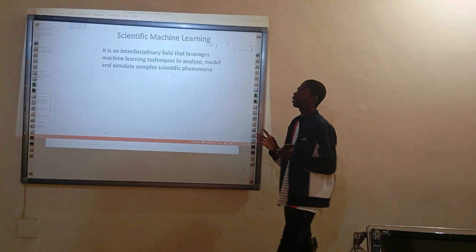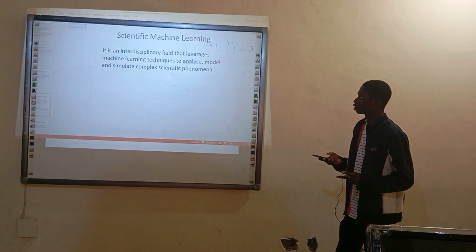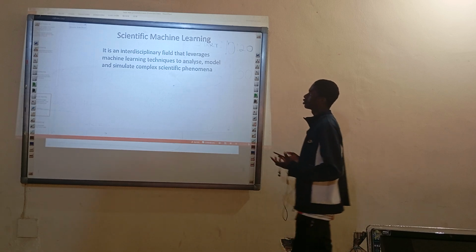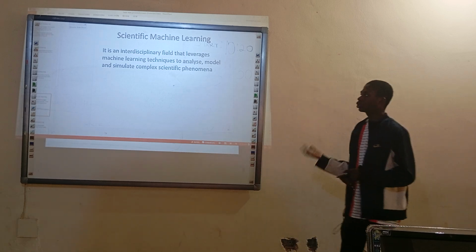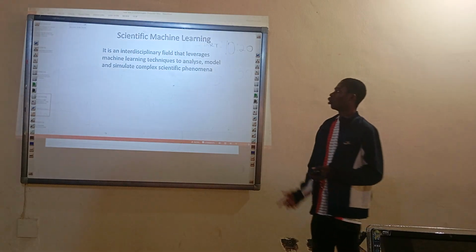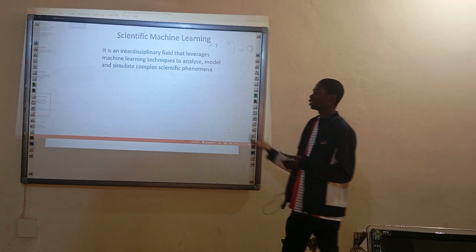It's an interdisciplinary field that leverages machine learning techniques to analyze, model, and simulate complex scientific phenomena. Now, we are introducing machine learning techniques into scientific computing to analyze, model, and simulate scientific phenomena.